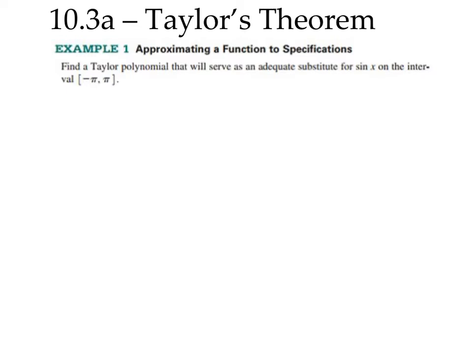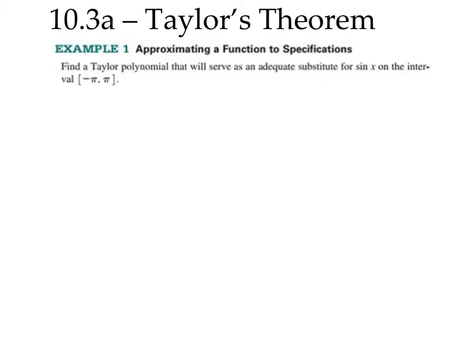Well, the first thing, it's a bit of a stumper, is what do they mean by adequate? One reasonable suggestion is that we want the Taylor polynomial to be within 1/10,000th of sine of x on the interval negative pi to pi.